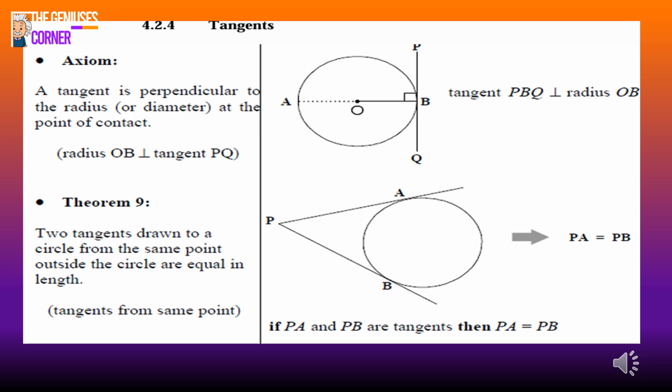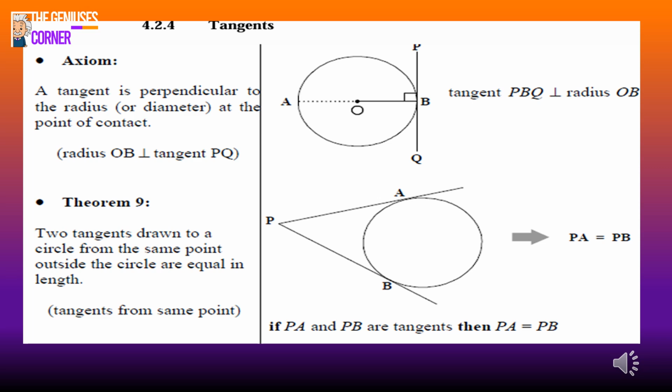Now again, we have theorem number 9. The numbers do not necessarily matter, but it's just where these notes wrote the theorem numbers. Two tangents drawn to a circle from the same point outside the circle are equal in length. Now, take this for example, PA and PB, those are two tangents, and they are from a common point.